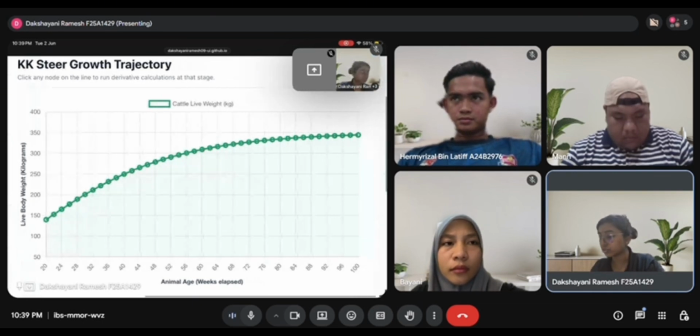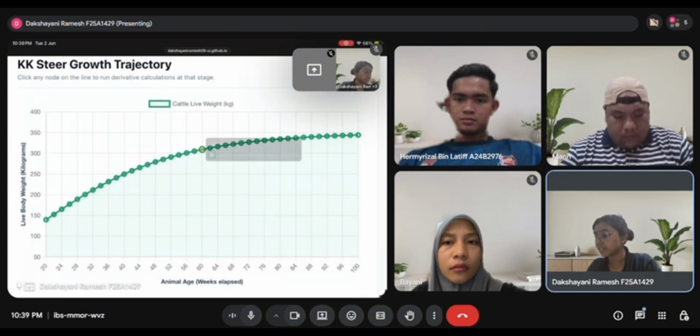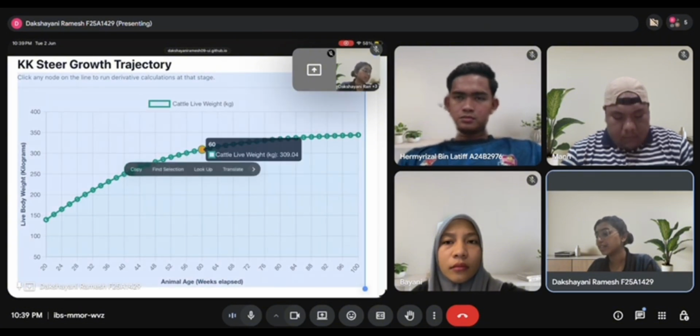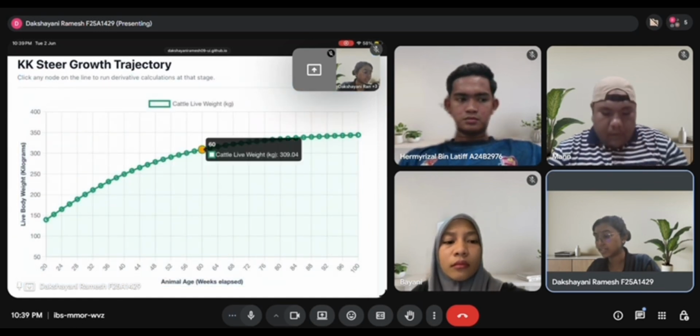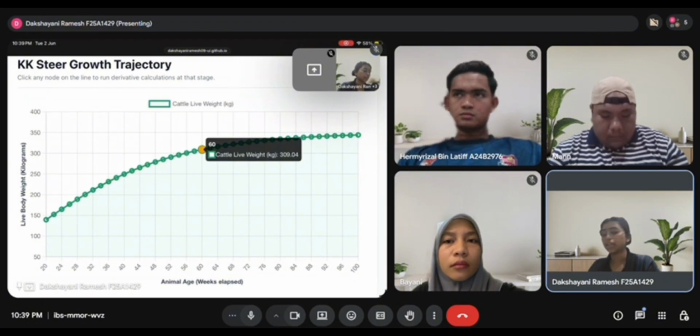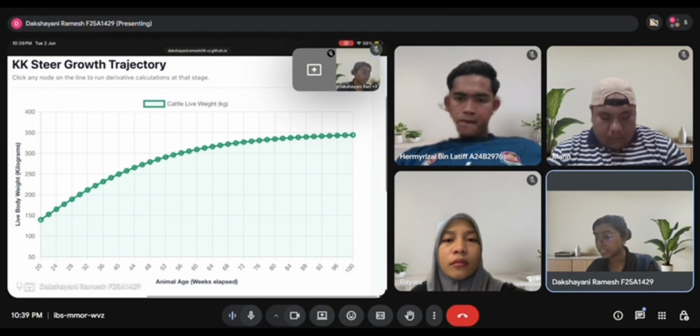Then moving on to week 60, the cattle weight is 309.04. And then moving on to week 80.